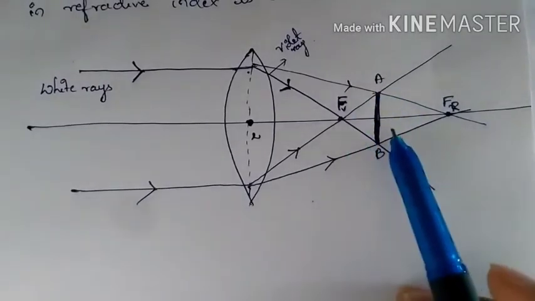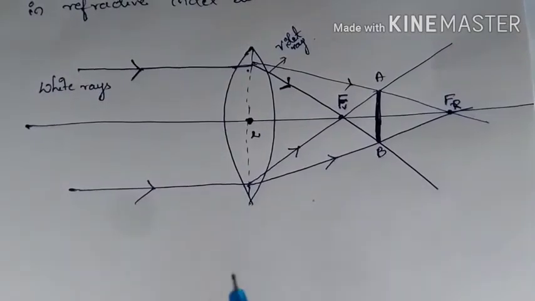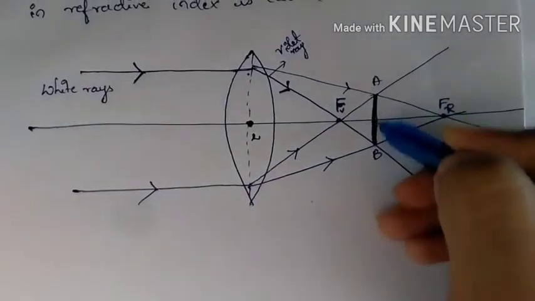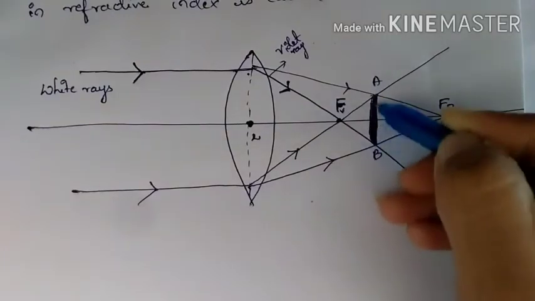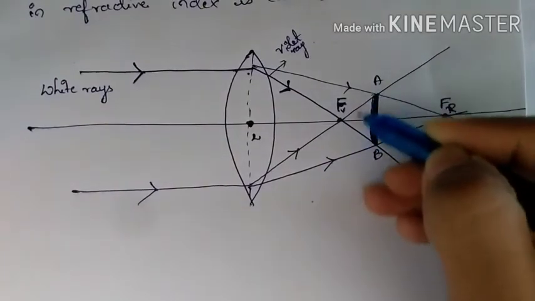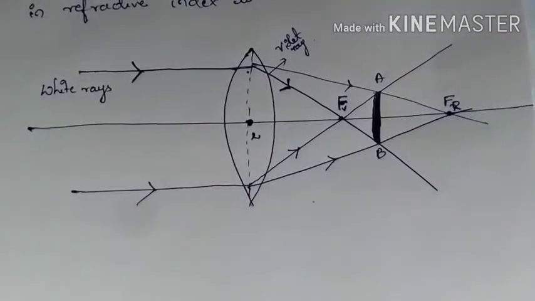So this will have the minimum radius, and this circle is called the circle of least confusion. It is called so because this will have the circle structure. So hence it is known as circle of least confusion. So at this point there appears an image is formed.